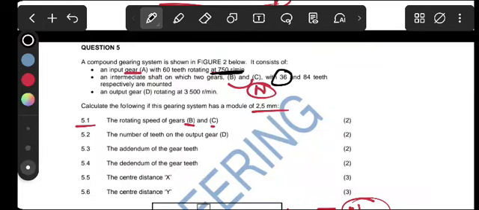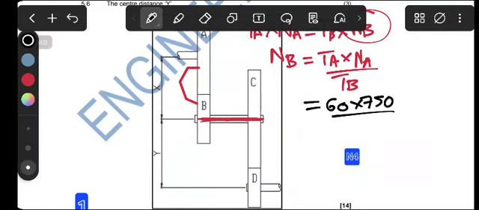Dividing by 36, the speed of gear B simply equals 125 revolutions per minute.